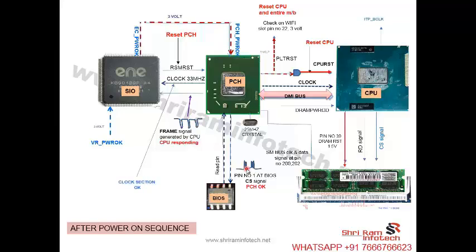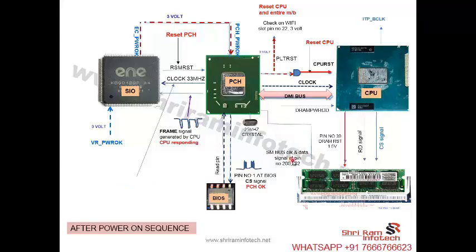right? Then after this reading, PCH tries to take a self test, and he checks whether all the devices are there or not. So he first checks the CPU is working, then he accesses the RAM. This is a two-wire communication protocol.